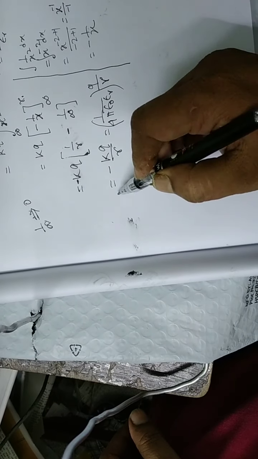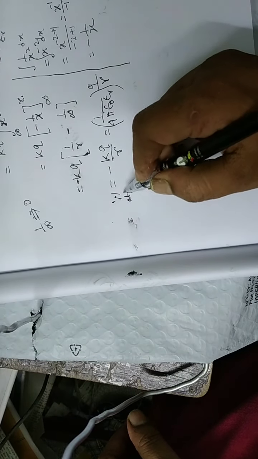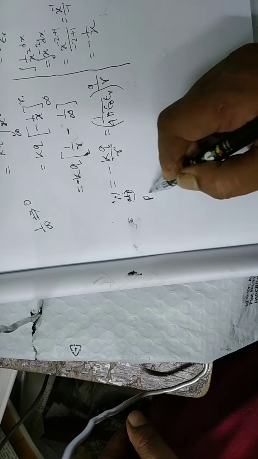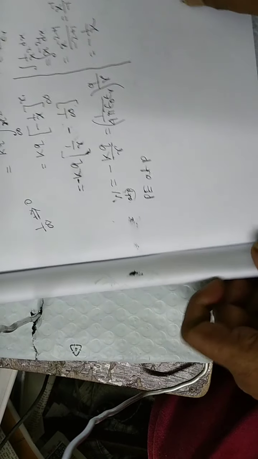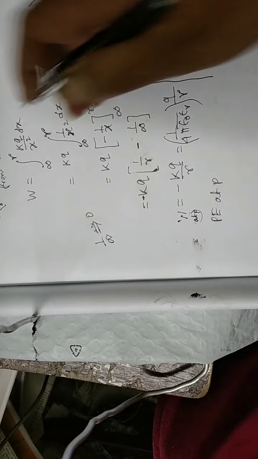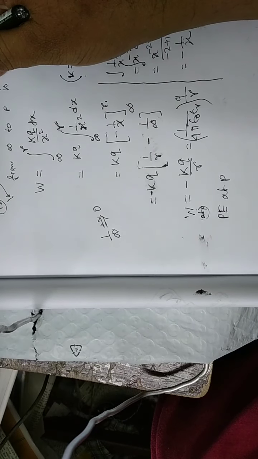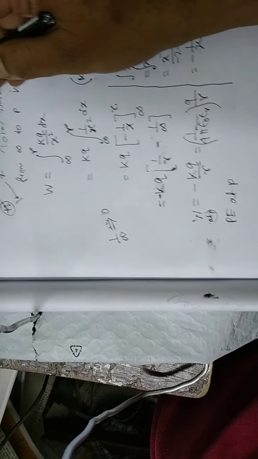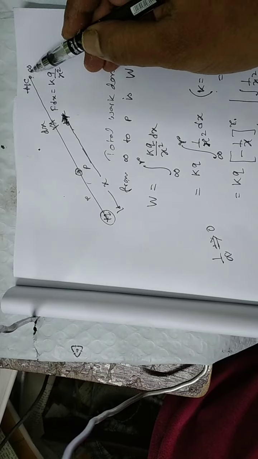This is known as work done at point P. So potential energy at P is opposite to work done, because work done is by the force. This is a positive charge, and we try to take this charge from infinity to this point.